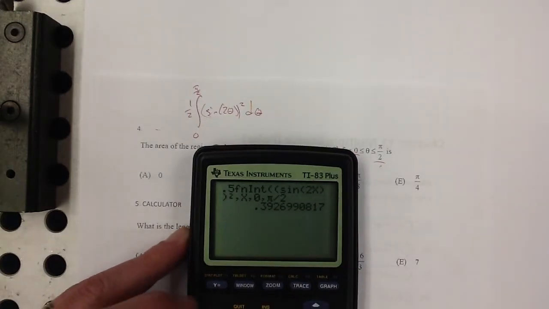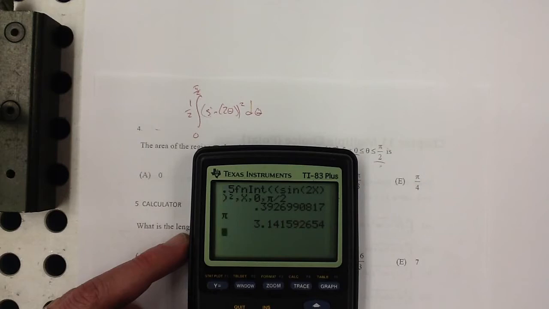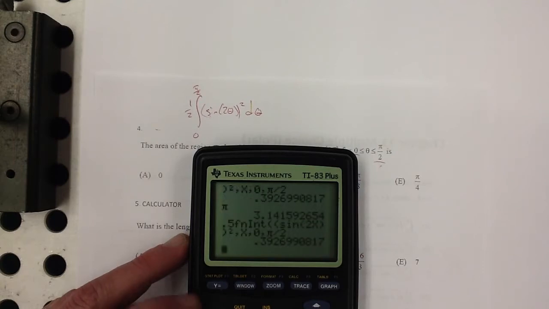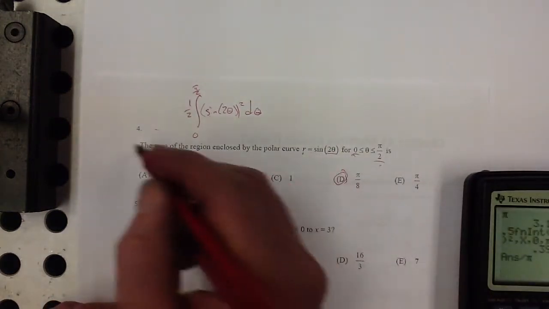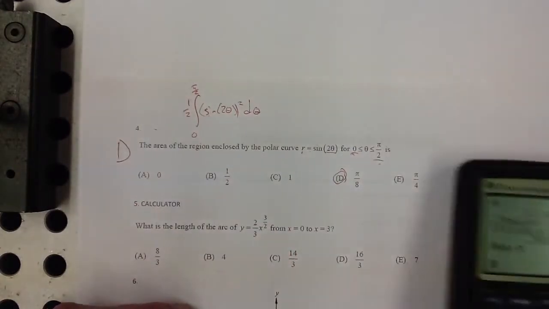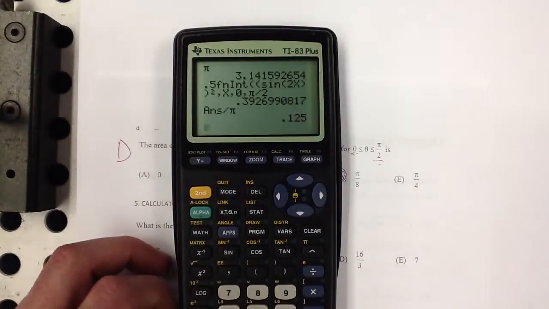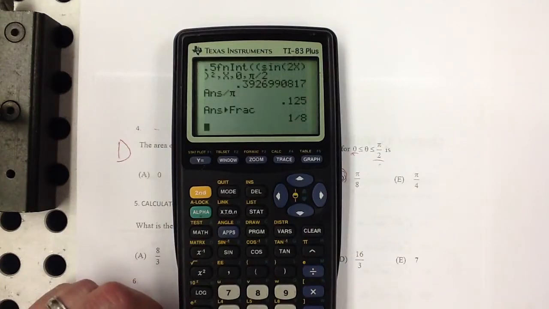And that gives me, oops, I wanted this divided by pi. That's going to be 1/8 of a pi, pi over 8. That's what I'm getting for that. All right, you recognize that as 1/8, or math, enter. Hey, it's 1/8.